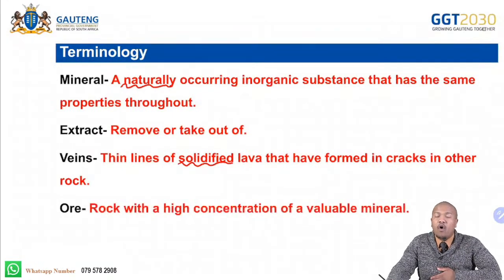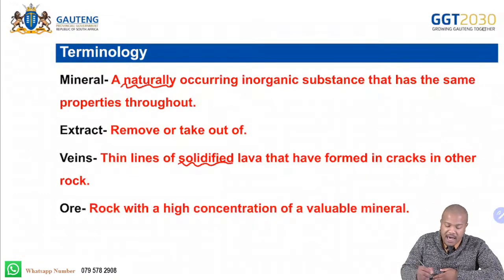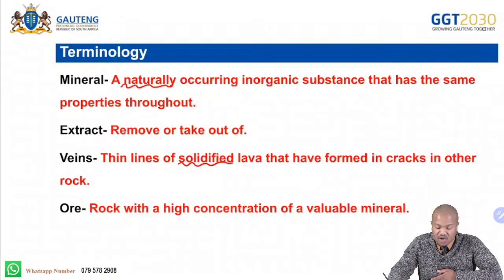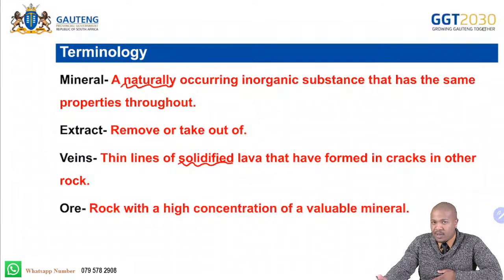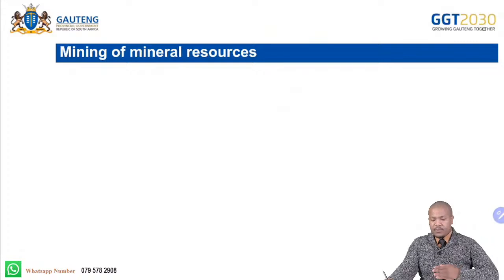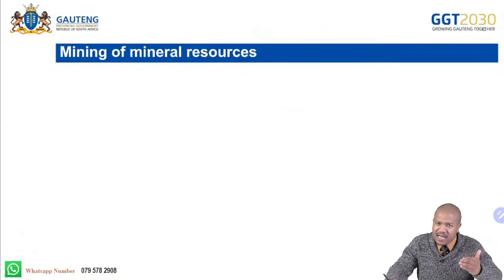Then we have ore. And ore is the rock with a high concentration of a valuable mineral, be it gold, silver, coal, and all the other minerals that we're going to talk about.